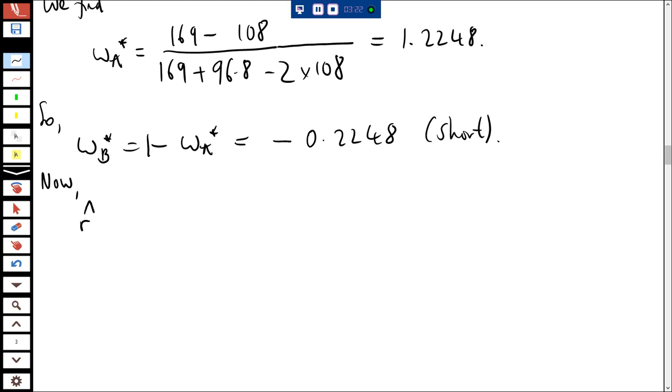So the expected return on this minimum variance portfolio is a standard equation.